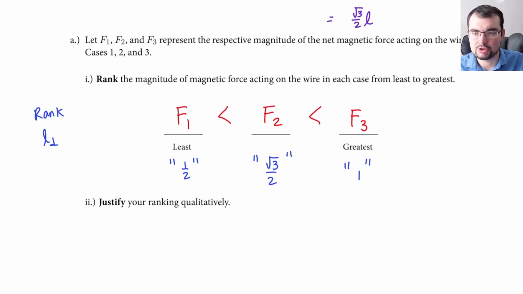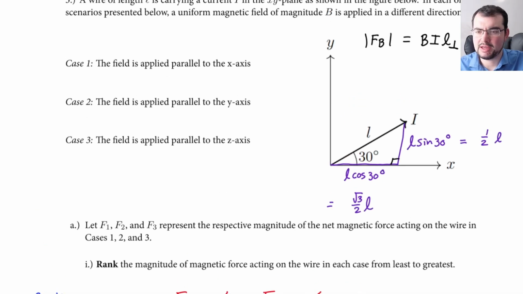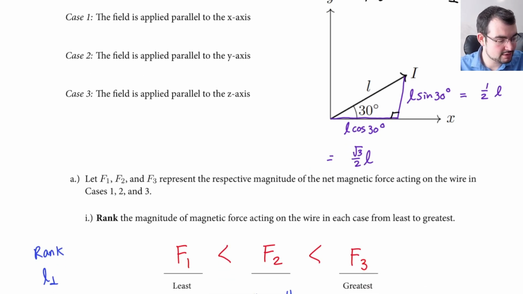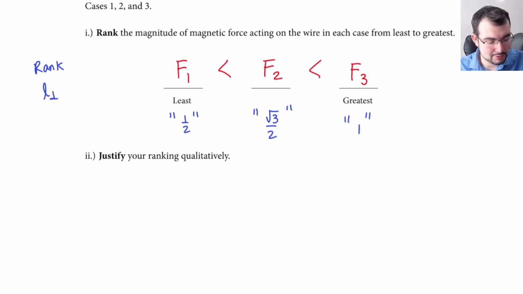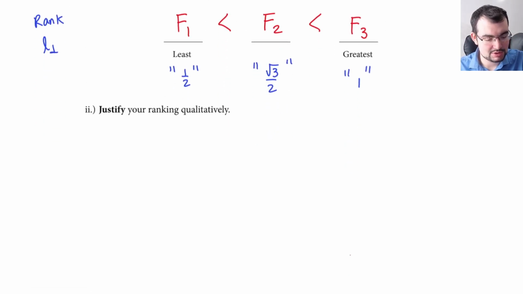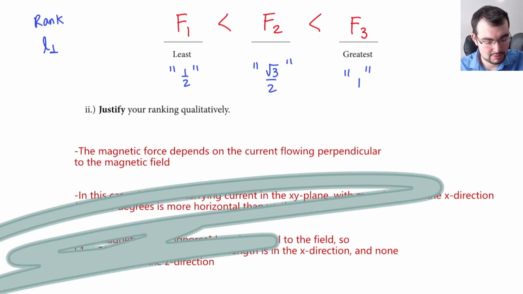So this is quite tricky. Now, qualitatively means that we don't really want to use the actual trig function components here. We just need to say, since my angle is less than 45 degrees, the length in the X is bigger than the length in the Y. So you're going to want to put your field in the Y to get a larger force than the X, because you're going to ignore the small length.